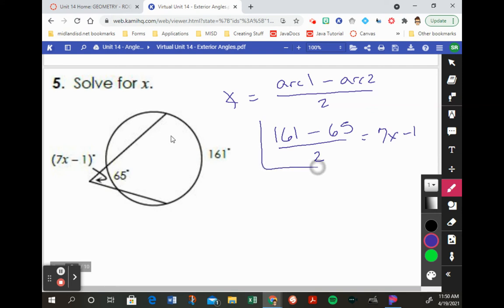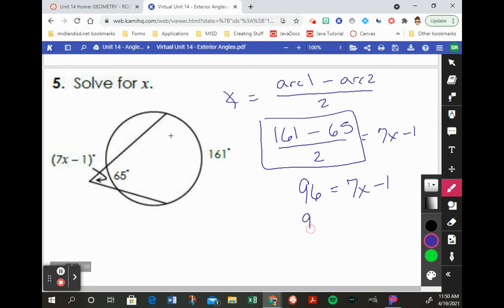I'm going to work this part out first. So 161 minus 65 is 96. 96 equals 7x minus 1. I'm going to add 1 to both sides.